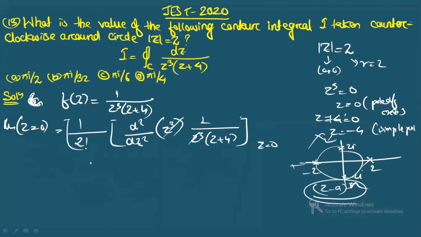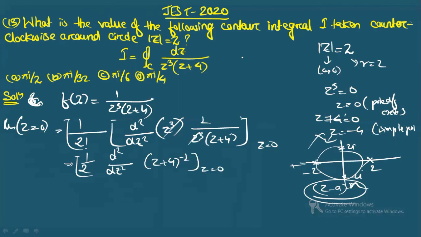So z cube gets cancelled. 1 by factorial 2, which is 2, d square by dz square of (z plus 4) to the power minus 1, at z equals 0.